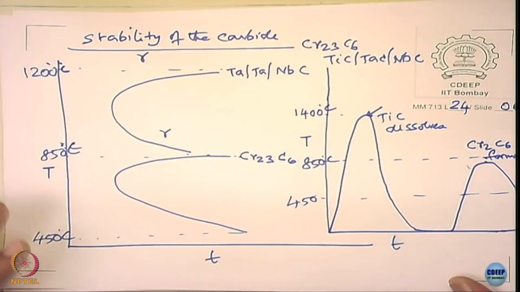The second issue is that it depends upon the thermal history. If you do not reheat it, then what happens? You will not get any sensitization. The third difference is that weld decay occurs quite away from the fusion zone, and knife line attack occurs very close to the fusion zone. There are three distinct differences occurring here. So, these are the important factors.